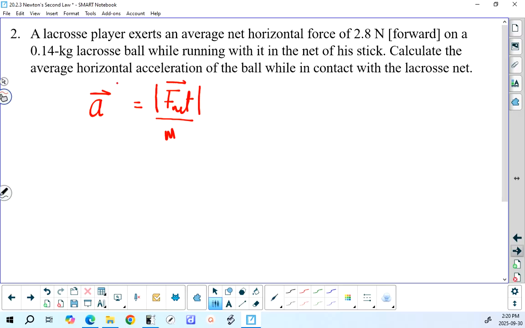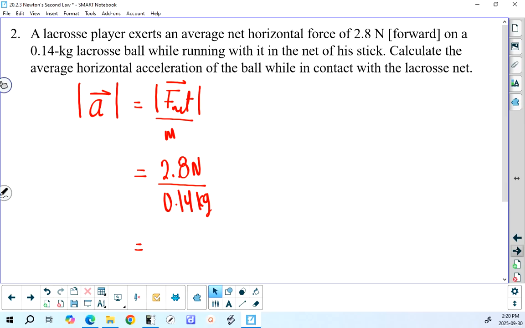We're going to include the direction, but I don't like including the direction in the formula. So for the magnitude of the acceleration, we're going to have 2.8 newtons divided by 0.14 kilograms.